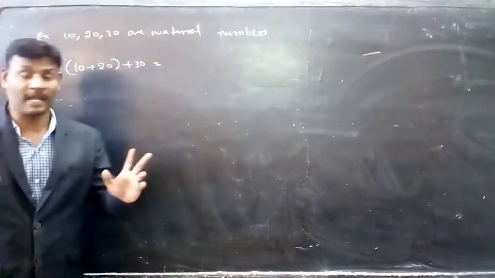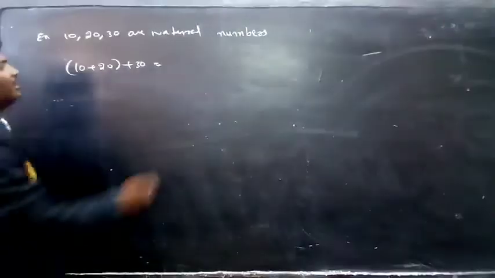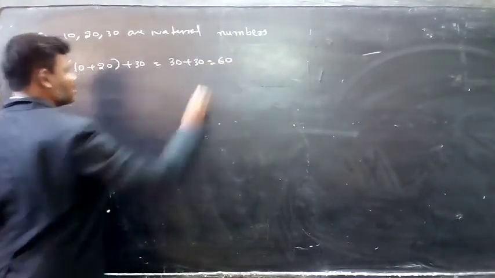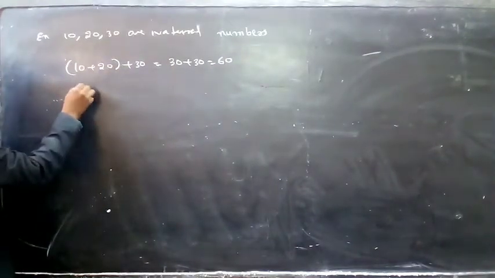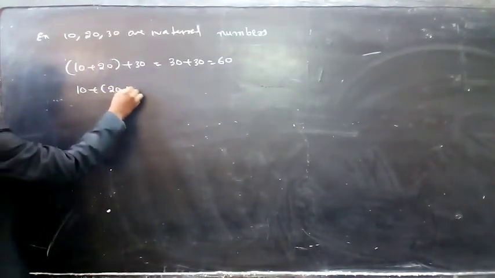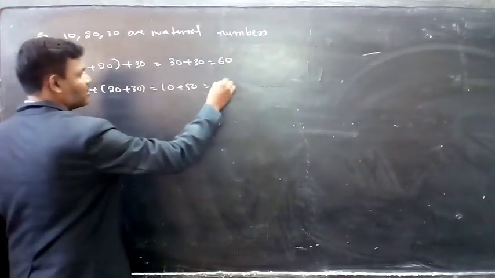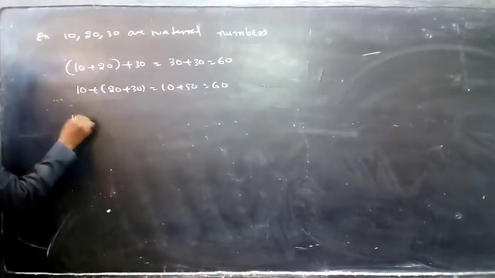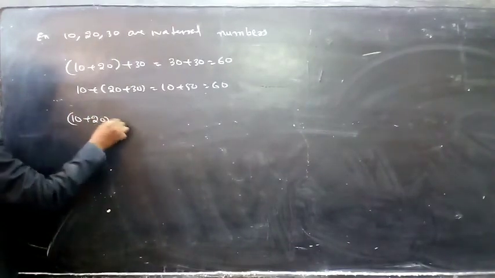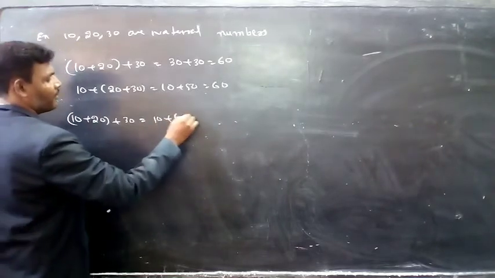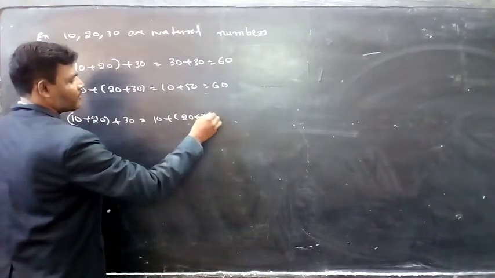I am removing the bracket. 10 plus 20 is 30, 30 plus 30 is equal to 60. Then 10 plus (20 plus 30) is equal to 10 plus 50 is equal to 60. So here the result of (10 plus 20) plus 30 is equal to 10 plus (20 plus 30).